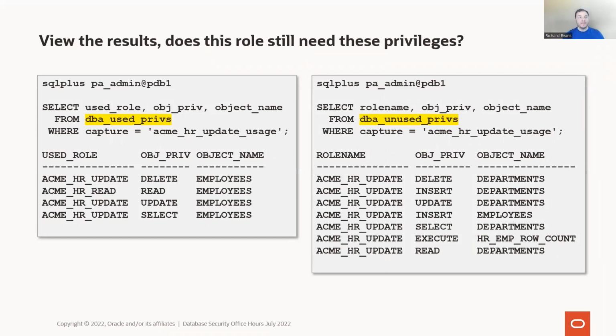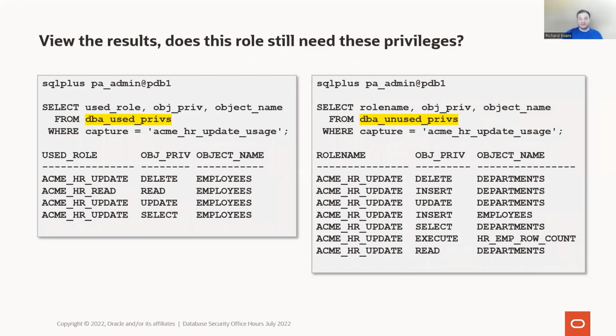But so on the left-hand side, we can see that our Acme update and our Acme read roles used these object privileges on these particular objects. On the right-hand side, we can see that our HR update didn't do delete on departments or insert or update or even select on departments.